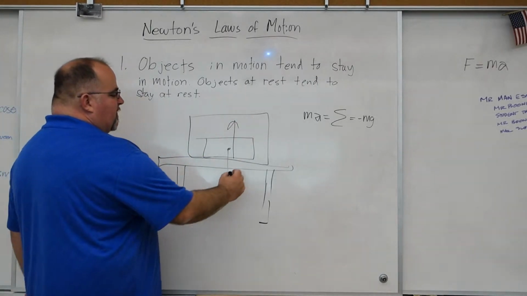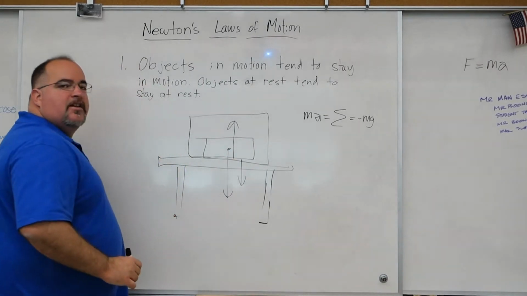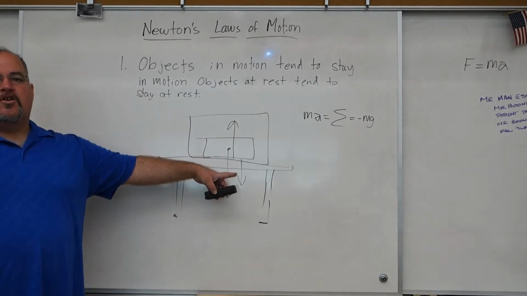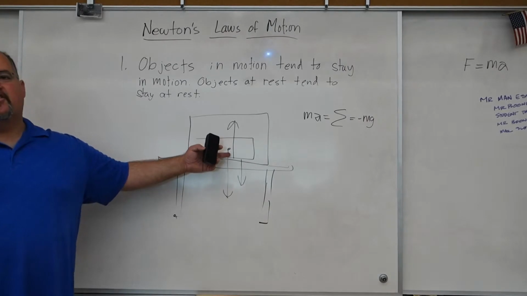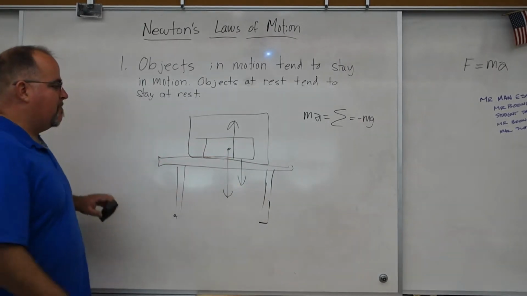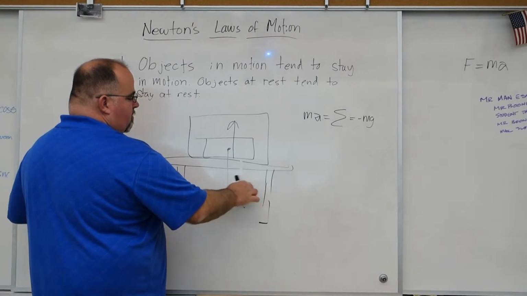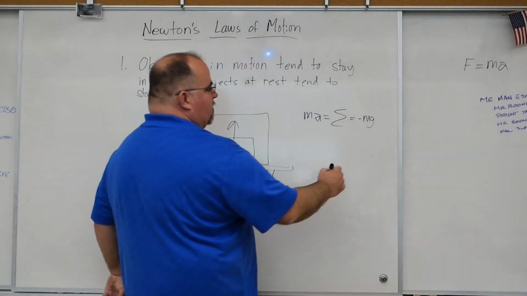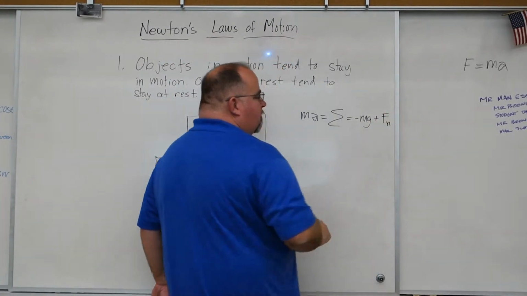Now the table also feels the book pushing down on it, doesn't it? But is this part of the system? No, so you got to be careful with that. These extraneous force errors, you might accidentally add them, but remember, the table is not part of the system. But the table has to be pushing back on the book in order for there to be no acceleration. And we call this the normal force, so force of N.